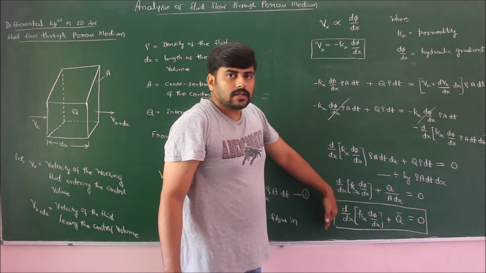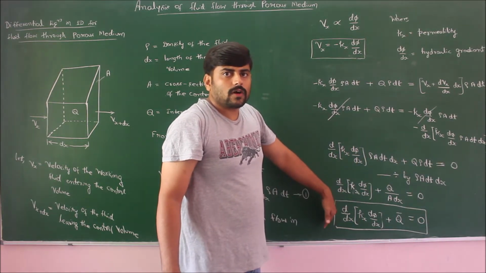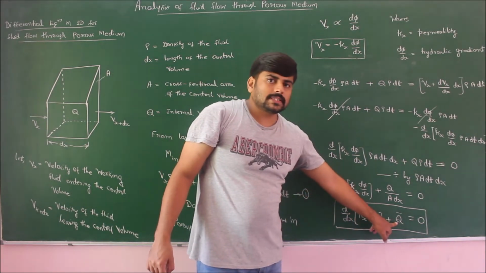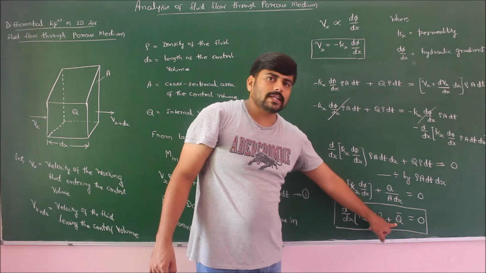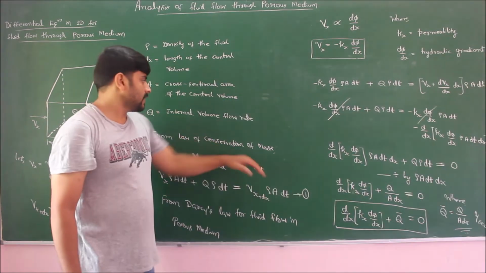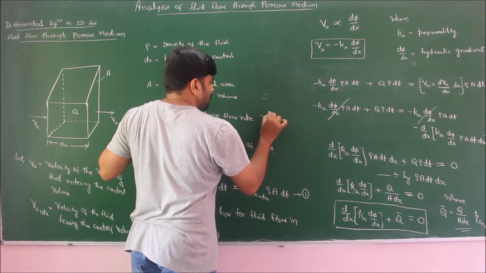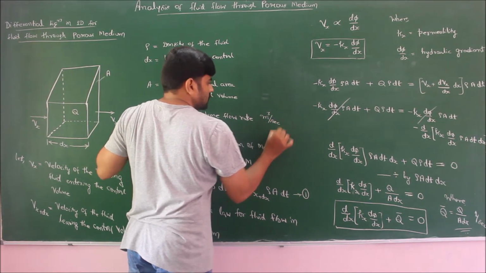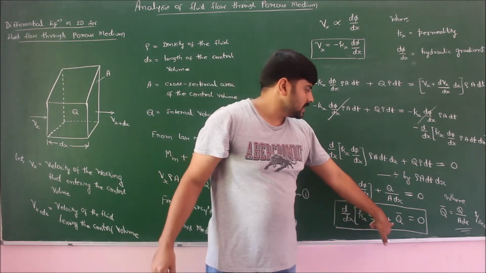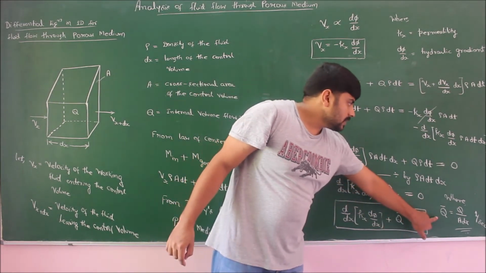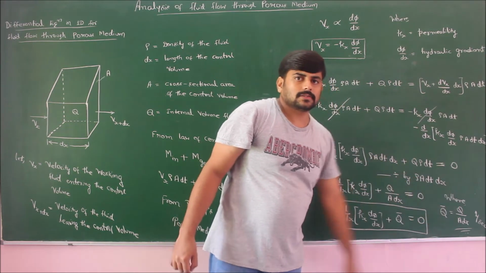This is the differential equation for one dimension fluid flow through porous medium, where q prime is nothing but internal volume flow rate per unit volume, whereas the unit of internal volume flow rate is meter cube per second, whereas the internal volume flow rate per unit volume is given by per second.